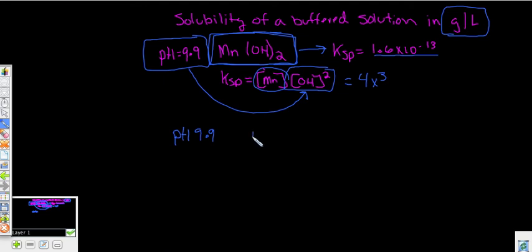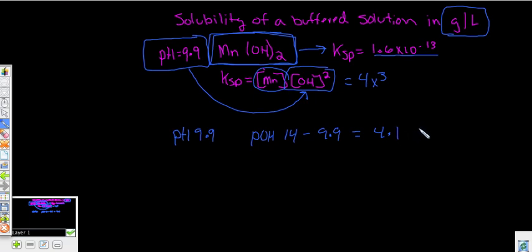So pOH equals 14 minus the pH. So 14 minus 9.9 is going to give us our pOH, and that's going to equal 4.1. So 4.1 is our pOH.